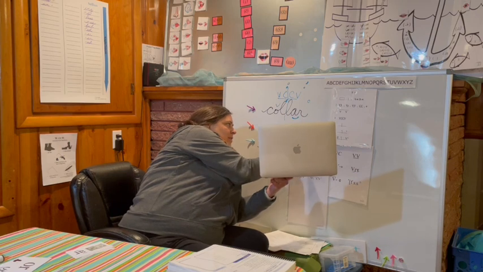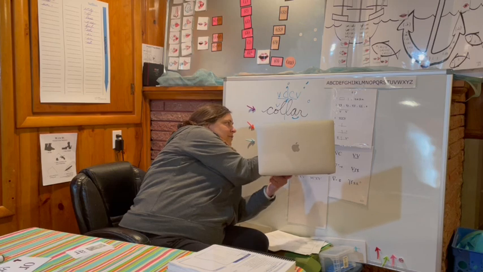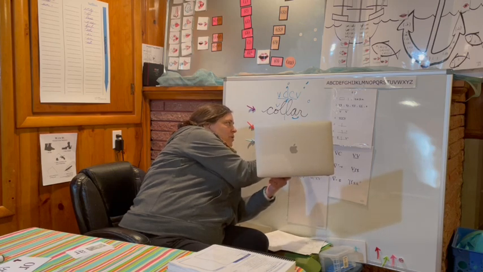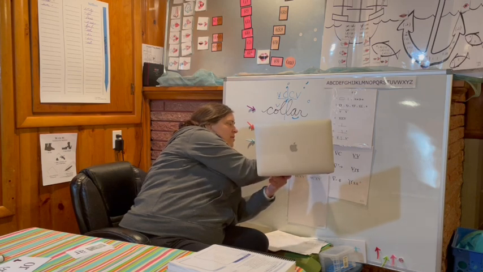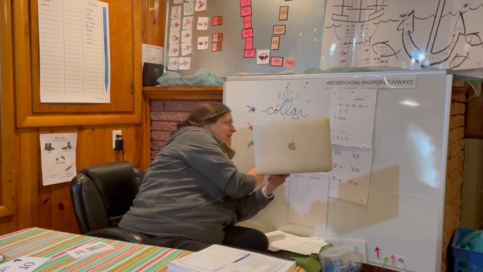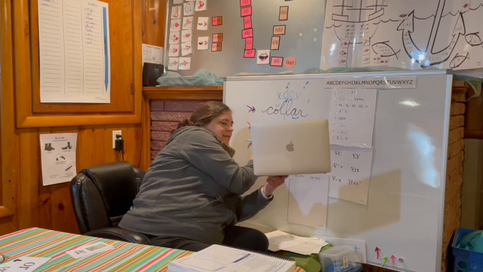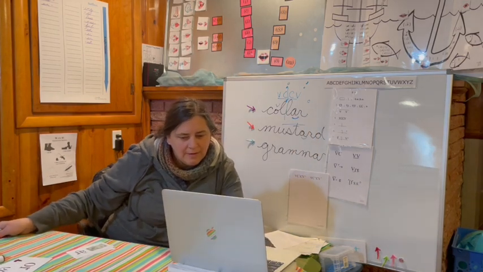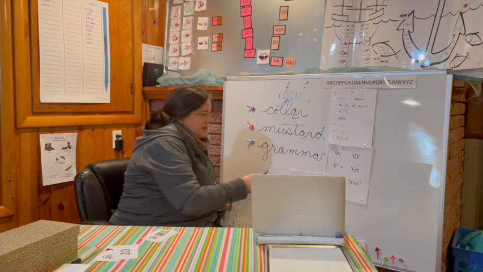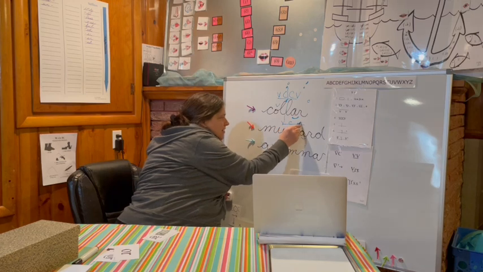Okay, why don't you go on down to the word mustard, and let's do the same thing. Let's take a look. First step, mark any suffixes. Nope. Second step, mark any vowel teams or vowel controlled R's. Okay. And then draw a line from vowel to vowel. And then above that line, you can write vowel, consonant, consonant, vowel.